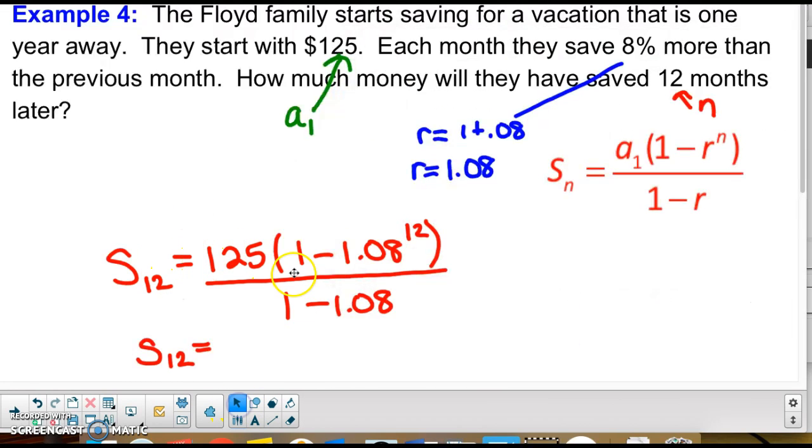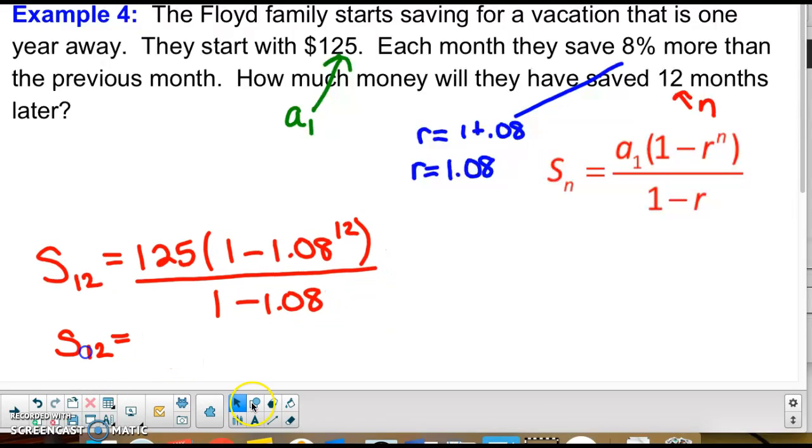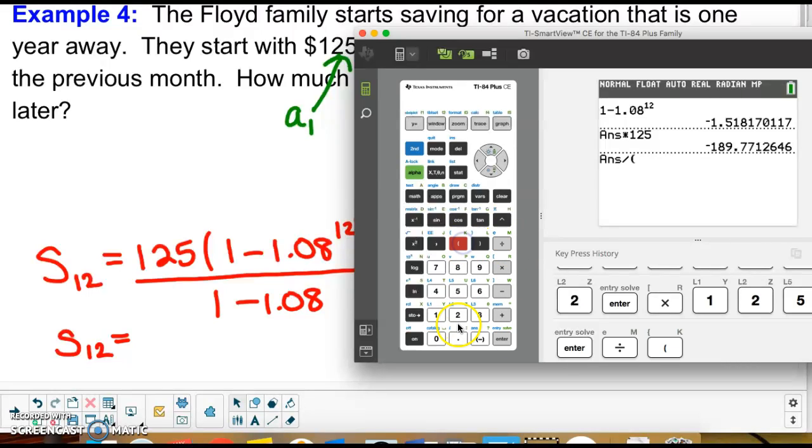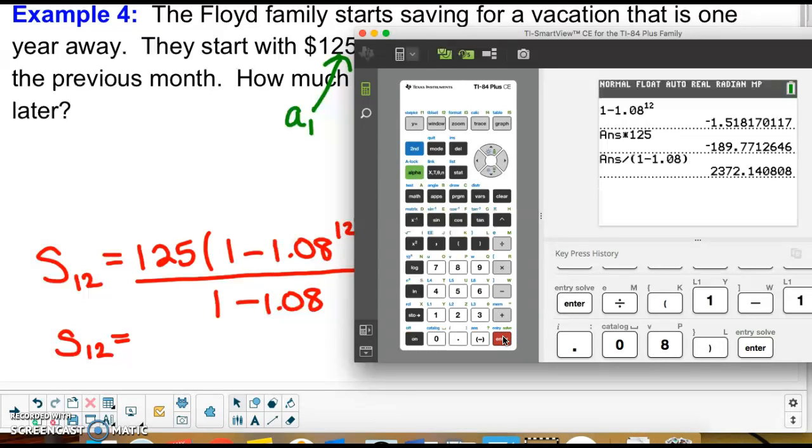We could actually just go ahead and do this on the calculator here. So we could multiply that value by our 125. And then we could divide that. Make sure you put that in parentheses, 1 minus 1.08, or you can just do it in your head and take it divided by negative 0.08, and you get a sum of approximately $2,372 and 14 cents.